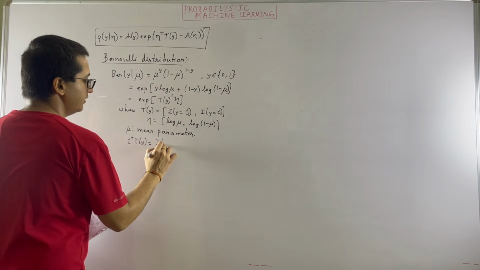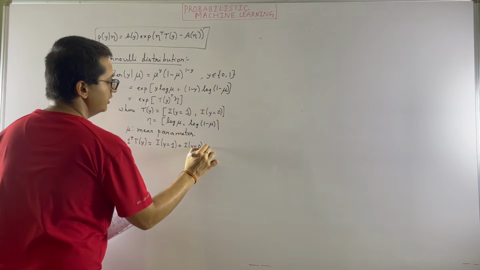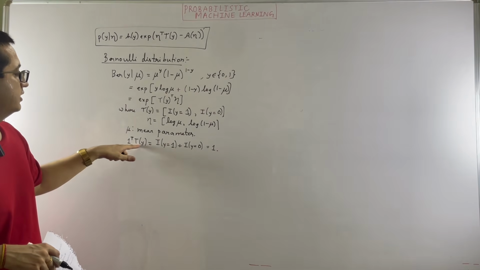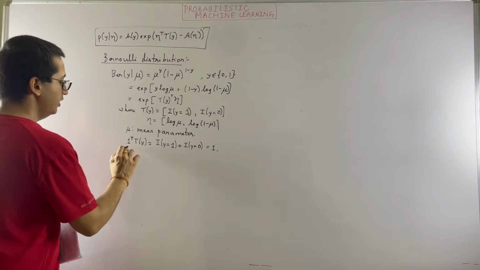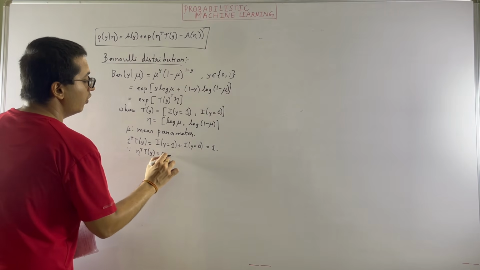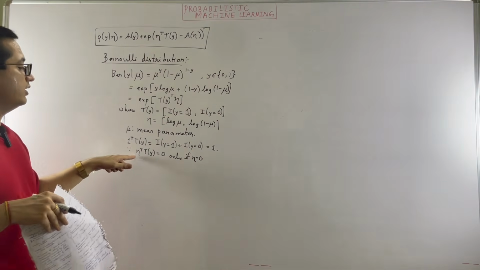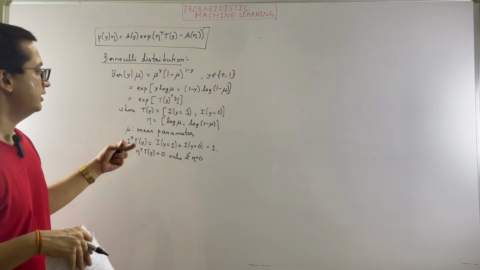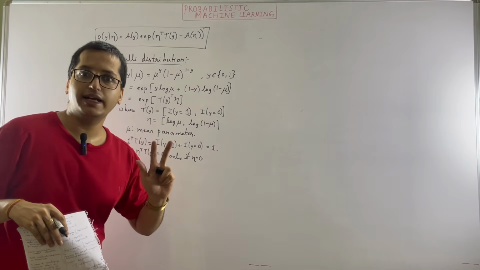It will be indicator function y is equal to 1 plus indicator function y is equal to 0, which is equal to 1. So if I take eta as 1, then eta transpose t of y became linearly dependent. And what was our condition? The condition was that eta transpose t of y should be equal to 0 only if eta is equal to 0. Otherwise, we have a linear dependence, that is, the parameters are dependent on each other, so eta will not be uniquely identifiable.